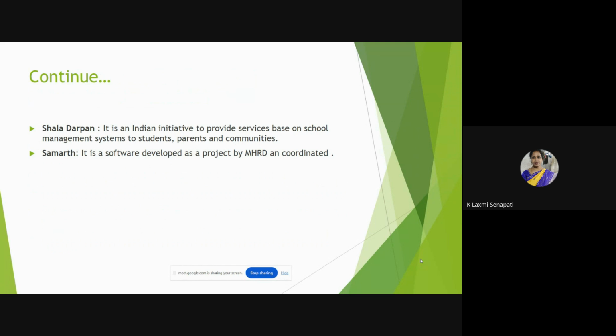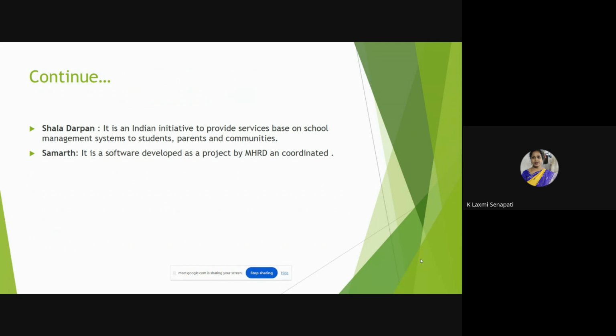So, for this purpose, we have to be very careful in using all these things. And another one is Samarth. It is software developed by a project of MHRD, the Ministry of Human Resource Development. With the cooperation of MHRD, Samarth was developed.